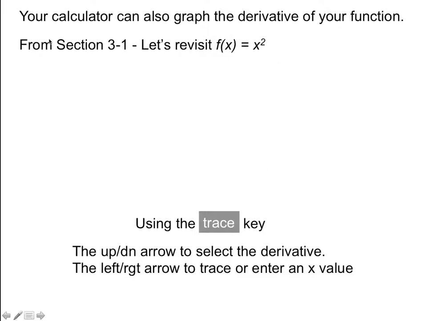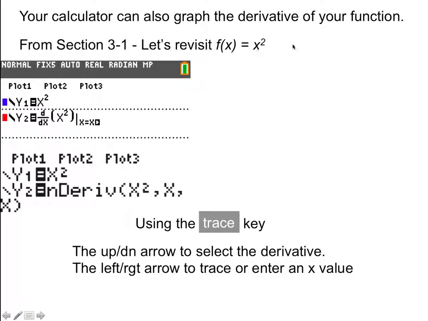Okay, the other way to calculate a numeric derivative. We're still going to stick with x squared. We're going to use x squared a lot, and we can also use our grapher. So you're going to go into your grapher, and we're going to set up our functions. We'll put our function x squared into the first grapher register y1, and then go down to y2 and hit our Math 8 key to get our derivative.